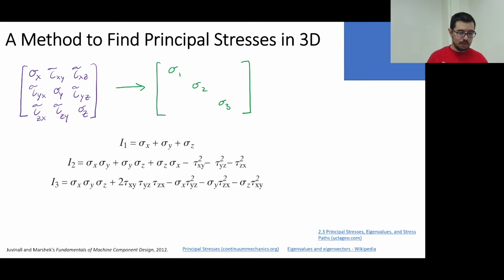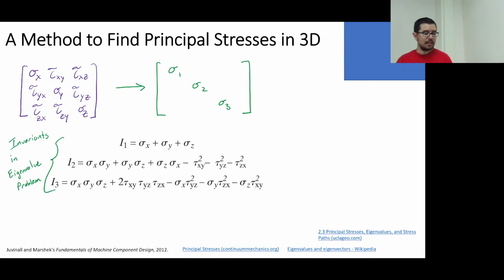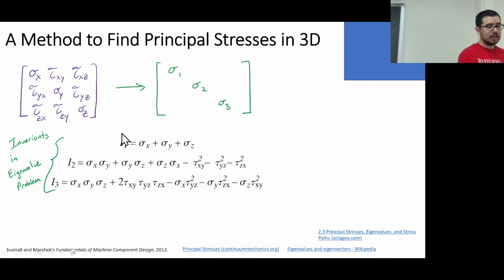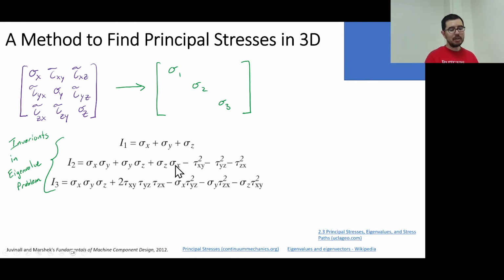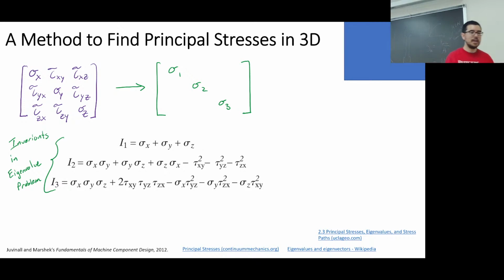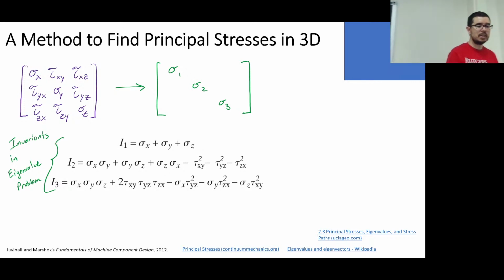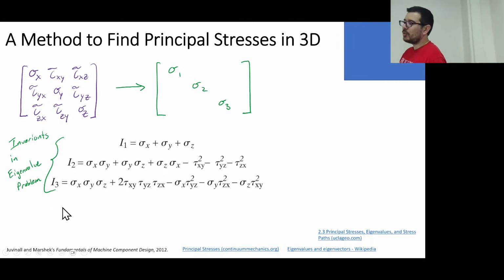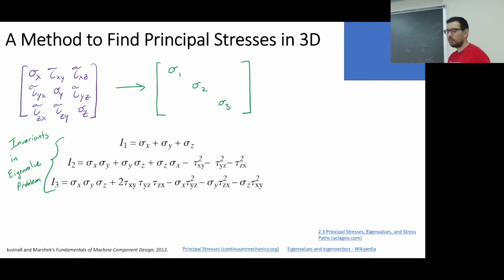And these are called the invariants to an eigenvalue problem, okay? And so I1 is sigma x plus sigma y plus sigma z, and we're not really going to go into why this is, and in fact, when you take DMC, you probably won't go into why this is either, okay? But this is a procedure. This is how you do it. And once you've got I1, I2, and I3, and these are not the second moments of area, right? These are just these invariants.